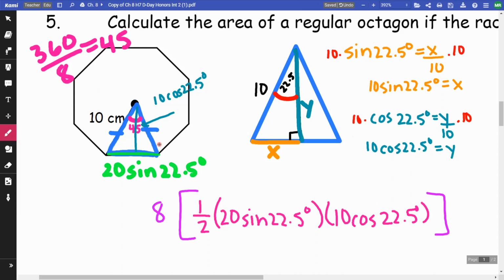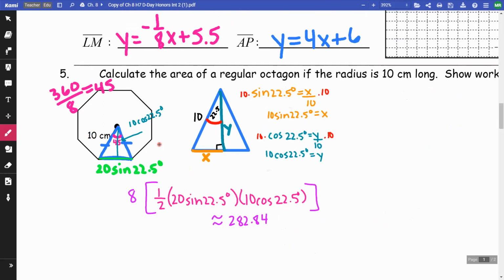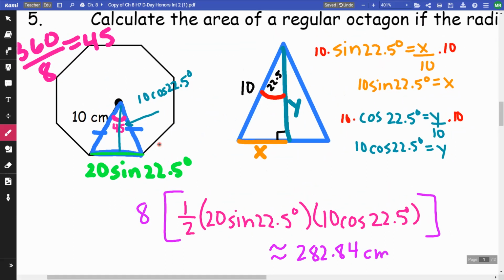And I'm just going to put all that into my calculator, making sure my calculator's in degrees. 8 times 0.5 times 20 sine 22.5 degrees, close my parenthesis, times 10 cosine of 22.5 degrees. And I ended up with about, if I approximate, 282.84 centimeters squared. And that's going to be my area.